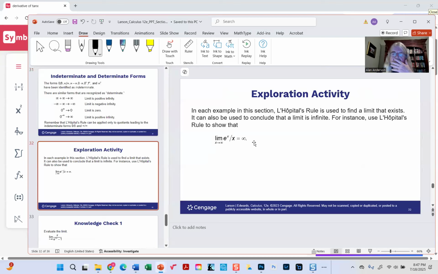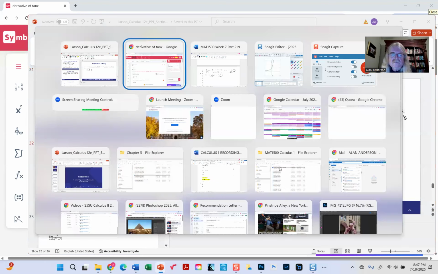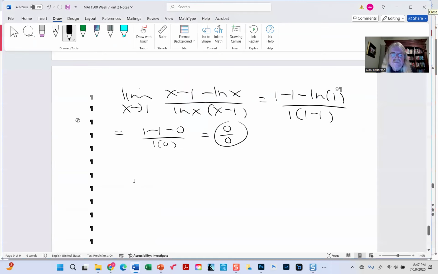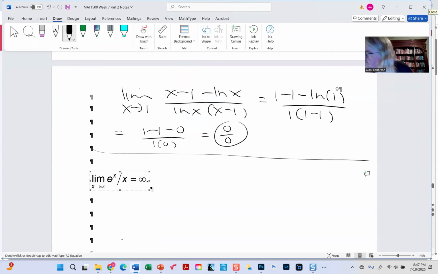So here, for example, they want us to try L'Hopital's rule on this one. So let's first of all see what happens with direct substitution.